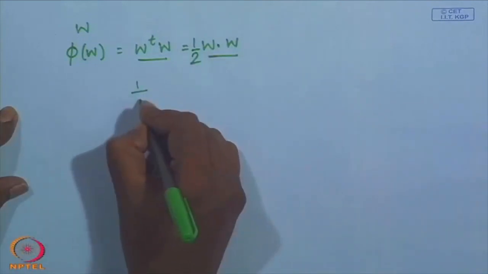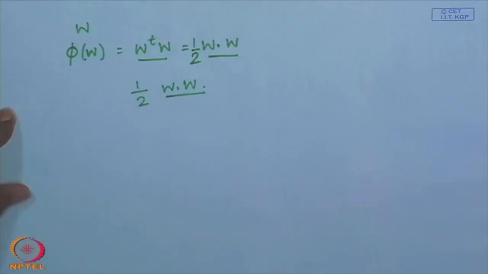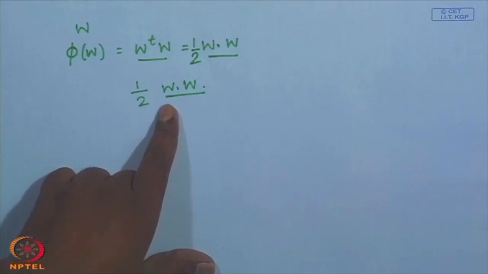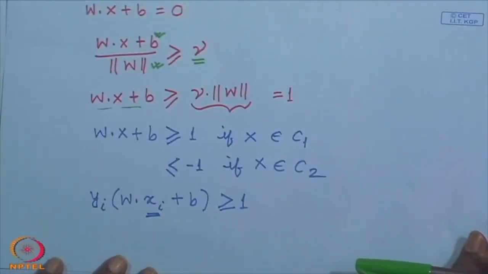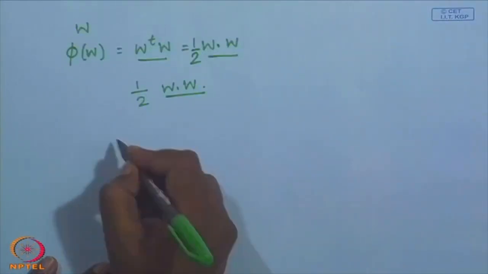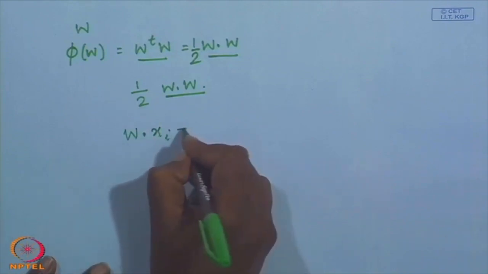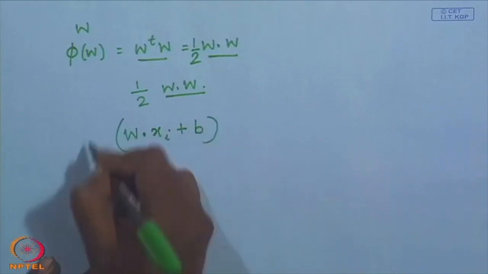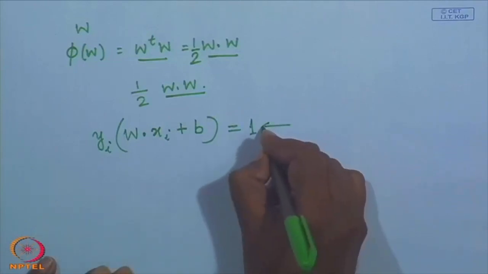So I want to minimize half of w dot w, and if I minimize only this, the trivial value will obviously be w equal to 0, which is not the solution I am looking for. So for minimization of this, I have to look for what other constraint I have. My constraint is that for support vectors, w transpose dot xi plus b, multiplied by yi, has to be equal to 1. So this is my constraint.